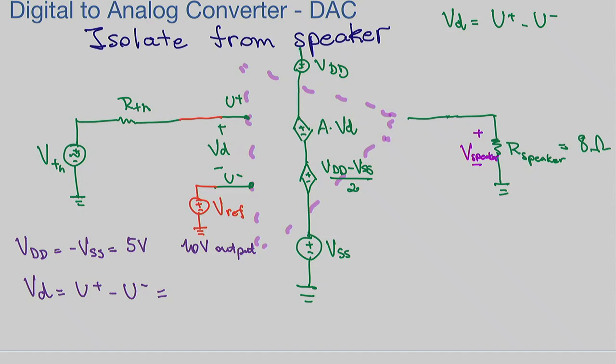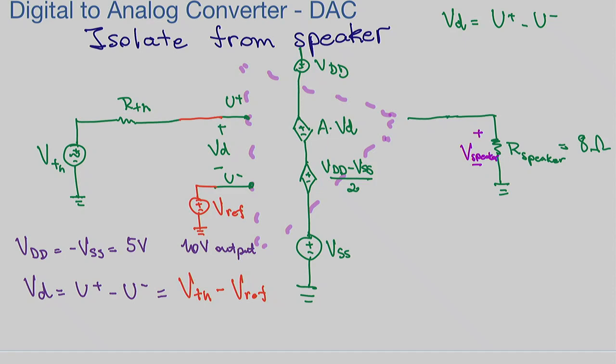Now, with this arrangement, our voltage differential would be given by V Thevenin, the equivalent voltage for the DAC, minus this V reference, which would be something that we know when we chose. So you always want to choose things to simplify your life.